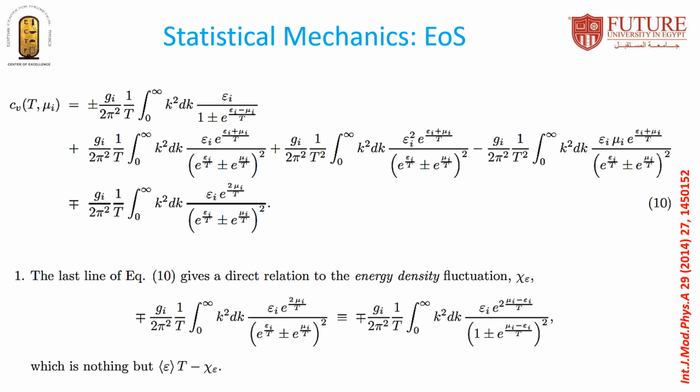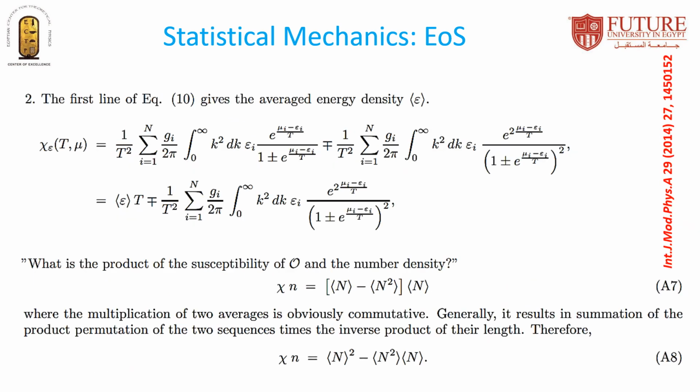The different lines, I'm going to interpret line by line. For instance, the last line in this equation gives a relation to the energy density fluctuation, which is nothing but the average energy density multiplied by temperature, from which I have to subtract the susceptibility. Some of these quantities we can measure, for example, the susceptibility.